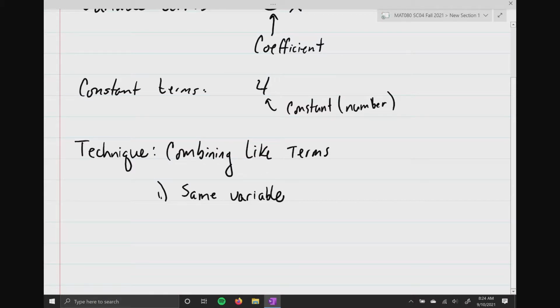And the second condition, and this is the one that people sometimes forget, you better have the same exponent on that variable. Okay?